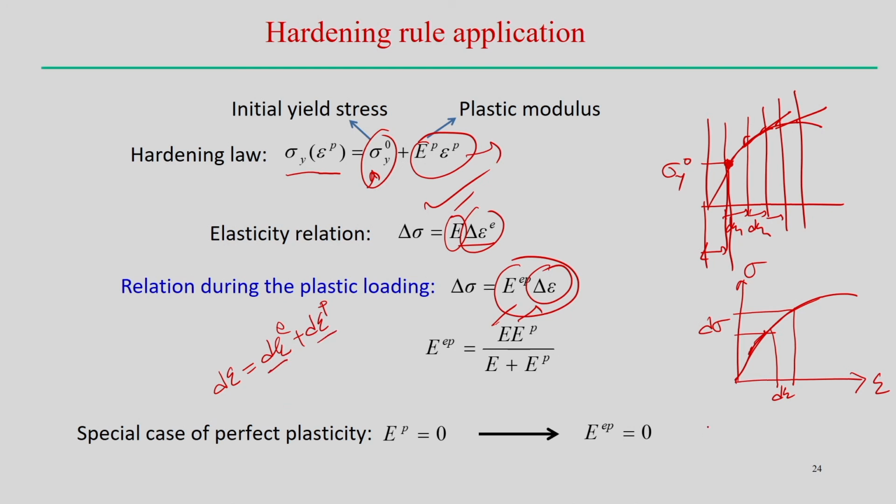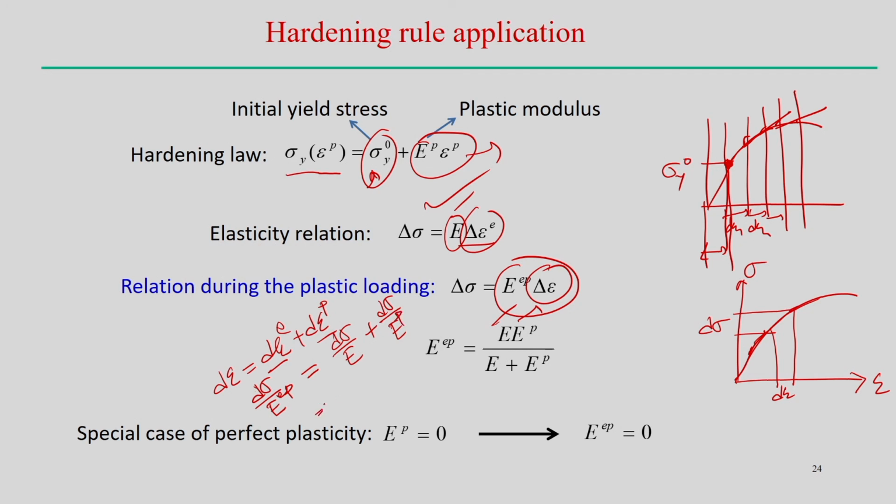Now, this elastic strain can be represented by the same increment of the stress, d sigma, divided by Young's modulus E. In the case of the plastic strain, it is also d sigma, the increment of the stress, and we take the local plastic modulus, which can be EP.